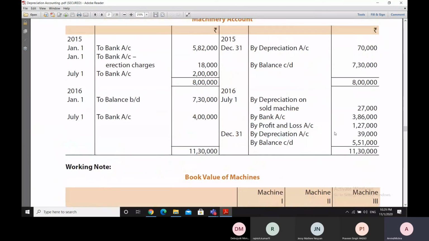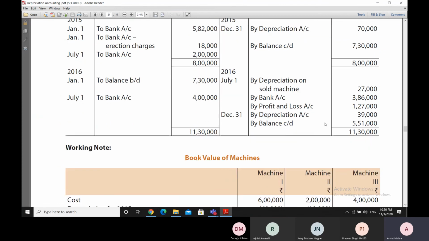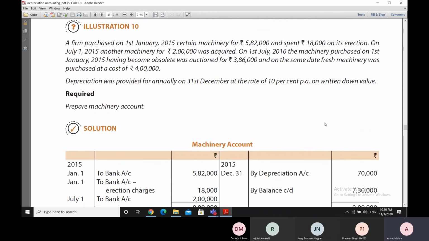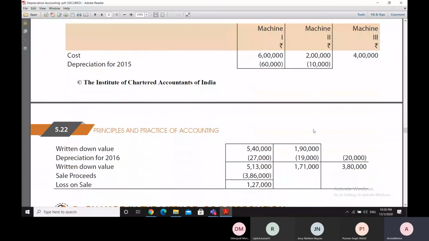So finally, on the amount which is remaining, the depreciation for the year 2016 is calculated at 39,000 rupees. Here the depreciation of 19,000 plus 20,000, so 20,000 is the depreciation on the third machine, 19,000 is the depreciation on the second machine in 2016.